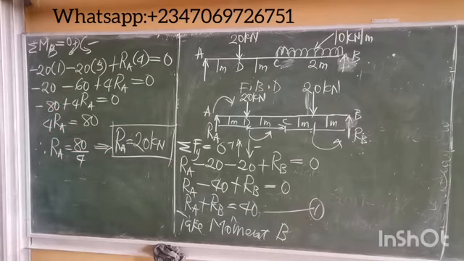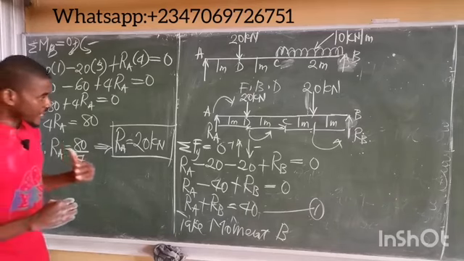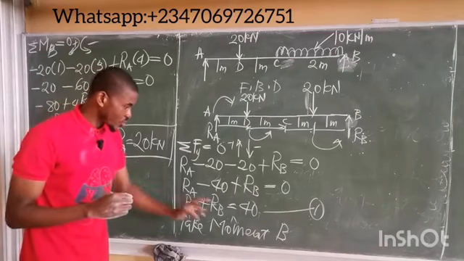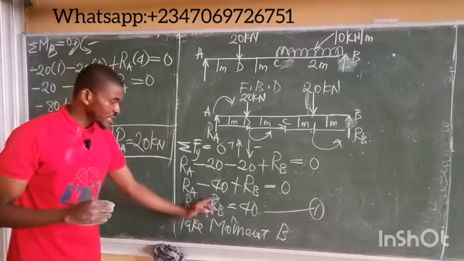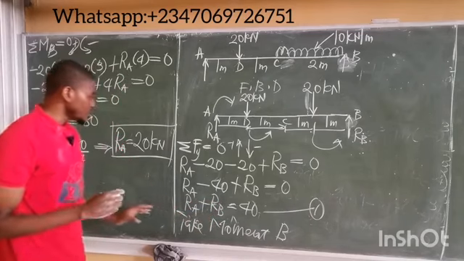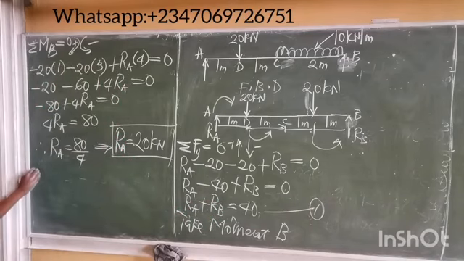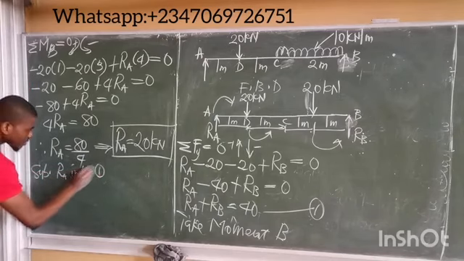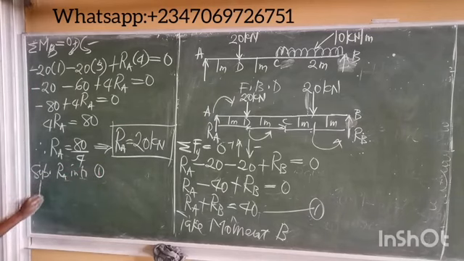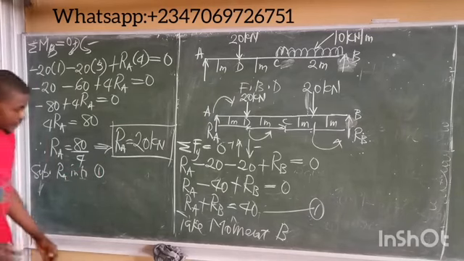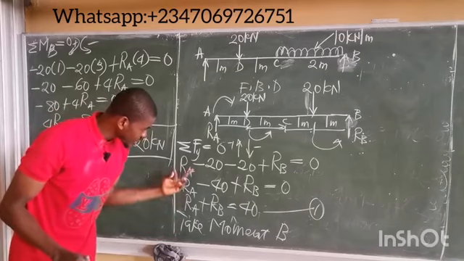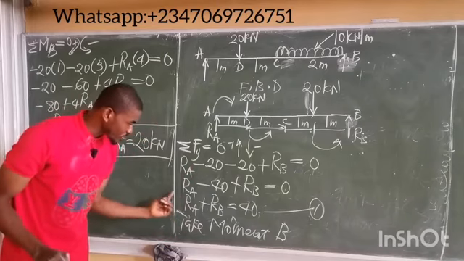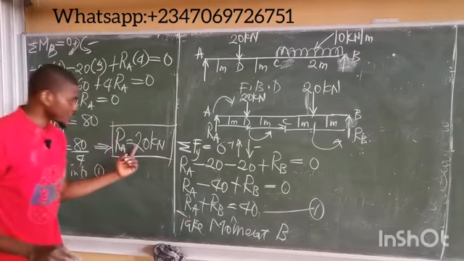So having found this support reaction now, we can substitute it into equation 1 to find the reaction at point B. Okay, so substitute RA into equation 1. If we do that, in place of RA plus RB, we simply put in the value as 20.